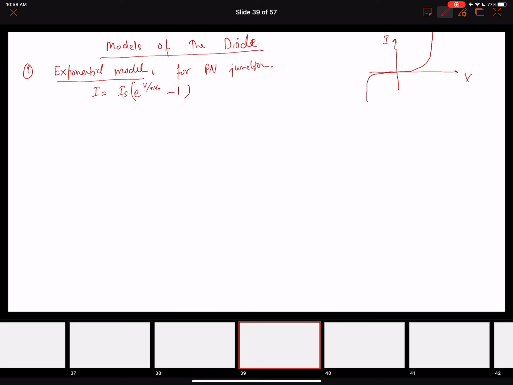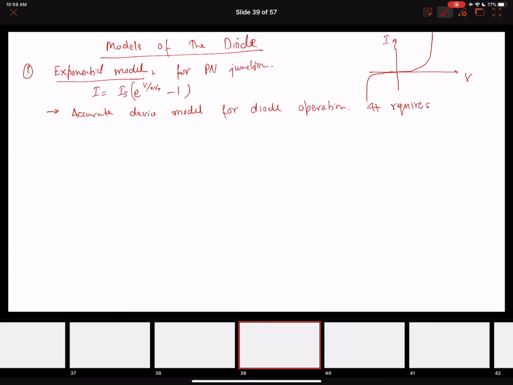Right, so the important thing about this model is that it's the most accurate device model for diode operation.